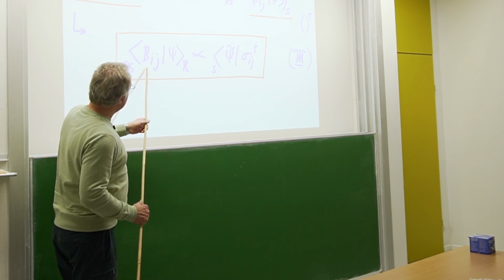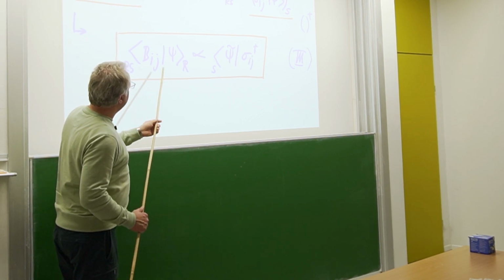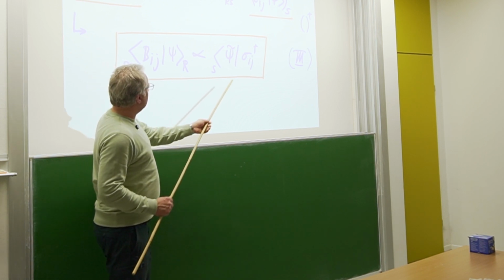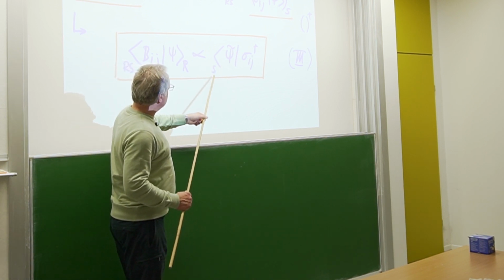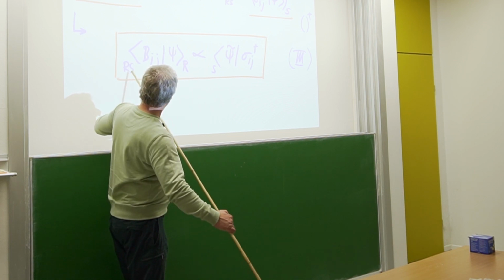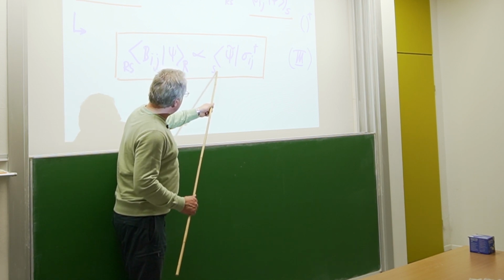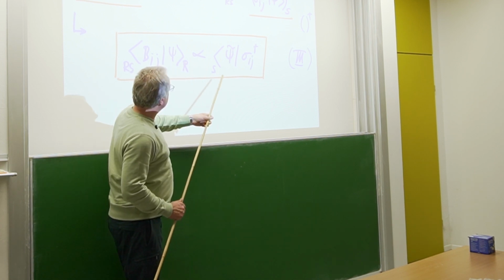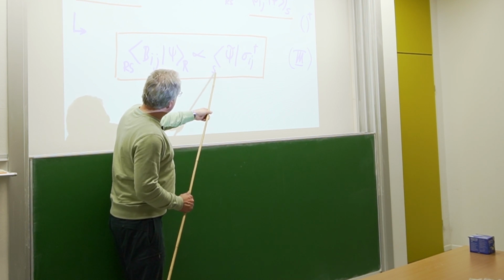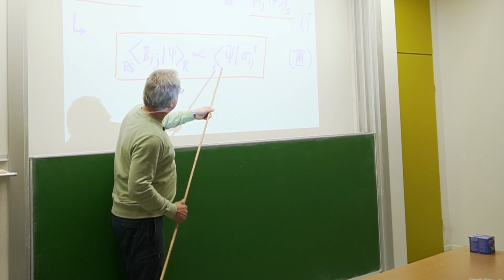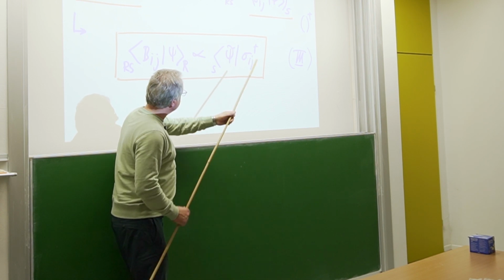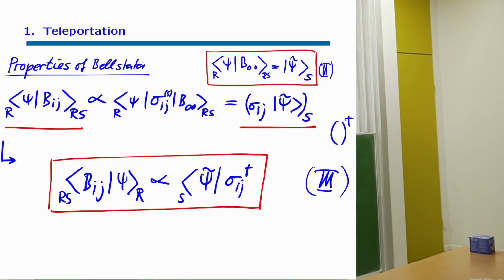And the significance of this will be that this acts like a projection on the particle that is not physically measured. Yeah, it acts like a projection, effectively, on that particle.